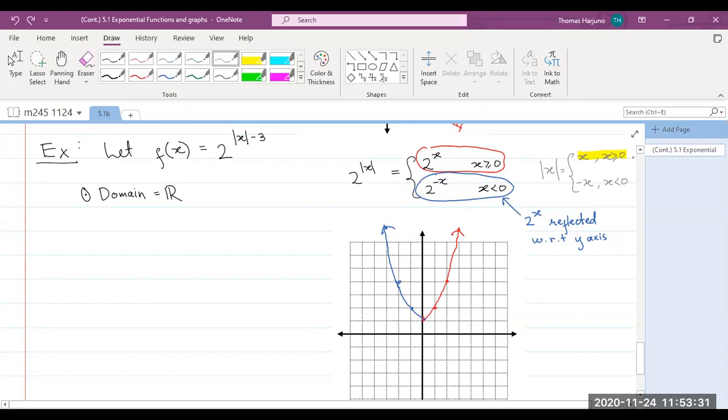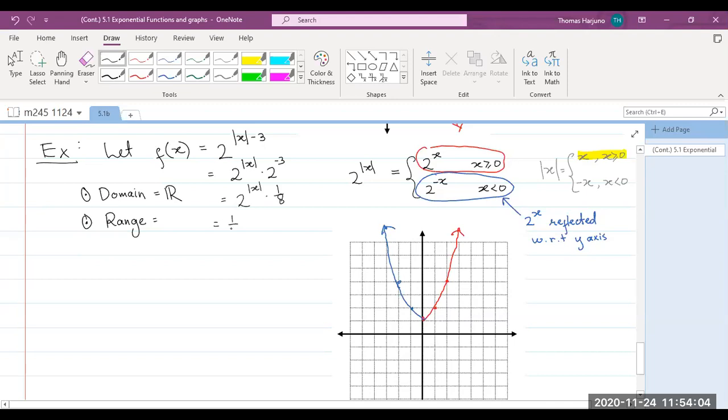How do we do that? Let's see, what is the range first? From that graph, what is the range? Oh, that's the graph for 2 to the absolute of x, though. Now, this guy is actually 2 to the absolute of x times 2 to the negative 3, that is 2 to the absolute of x times 1 over 8.